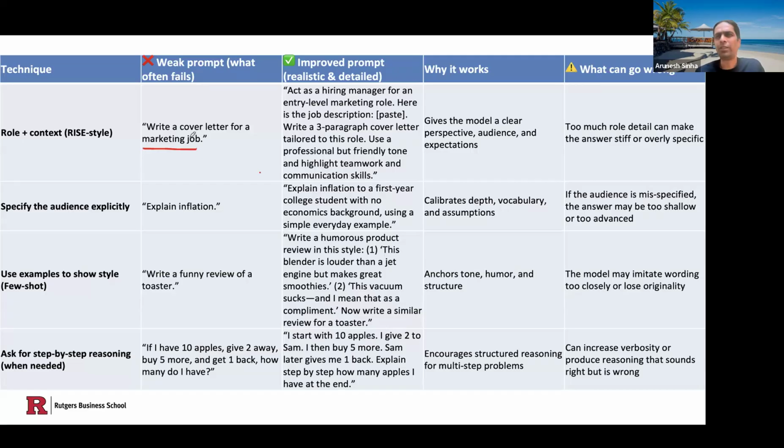So that's why it's better to prompt the LLM so that it can do a good job at it. The first thing that can often be done, particularly if required, is to give a role to the LLM. So that's what is happening here. Act as a hiring manager. This is the role that's given to the LLM.